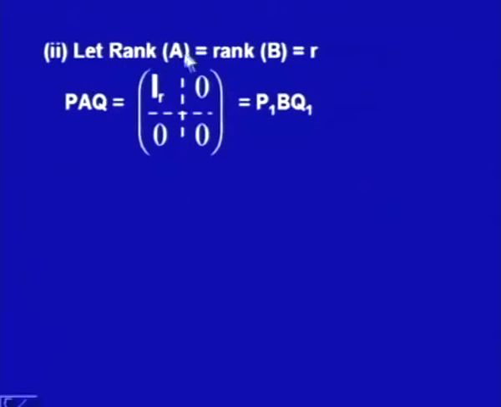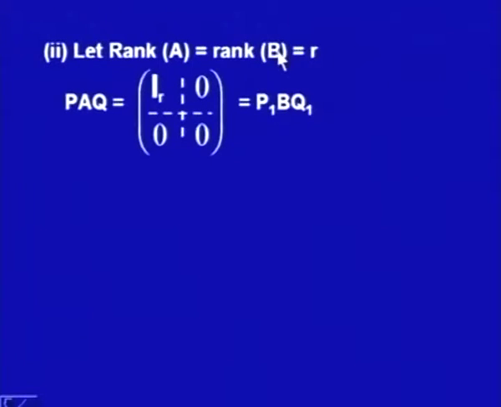Otherwise, if rank of A is equal to rank of B is equal to r, then the two matrices will be equivalent. So, let us try to do this. Let us say rank of A is equal to rank of B is equal to r. That means you can apply linear transformations to the matrix A so that it can be reduced to row echelon form, and since its rank is equal to r, this matrix will be obtained as this.